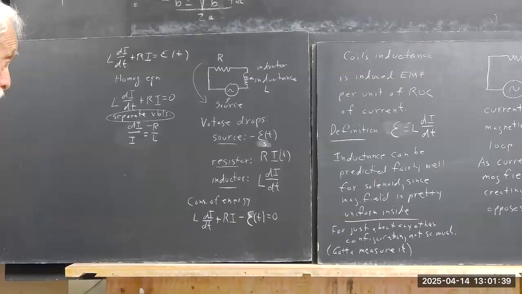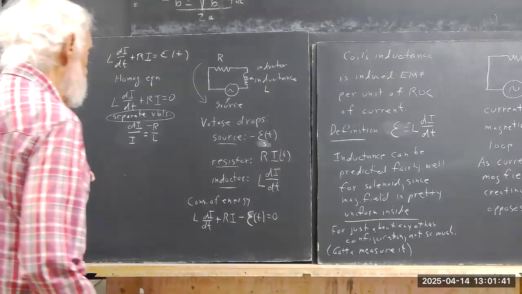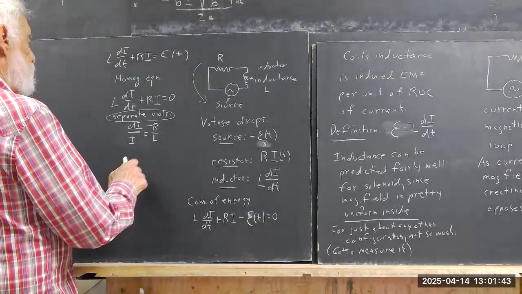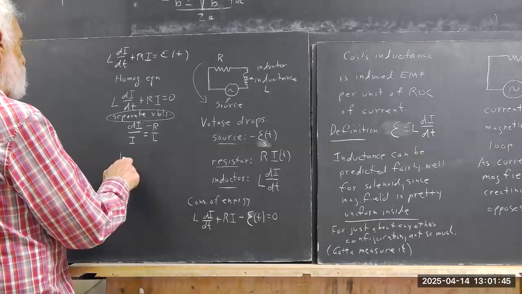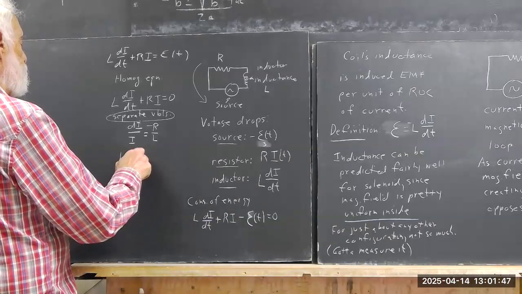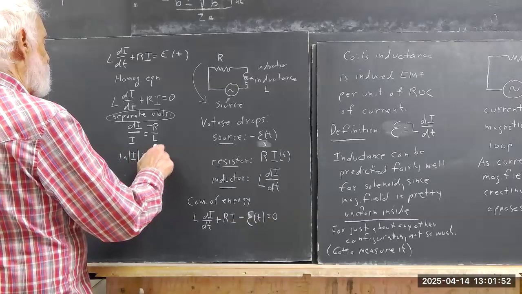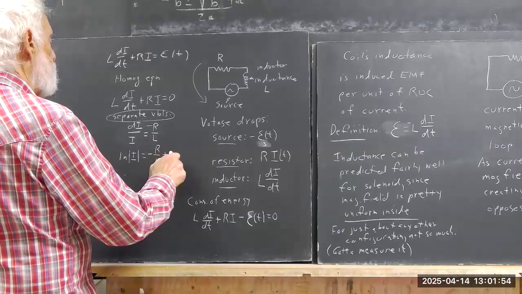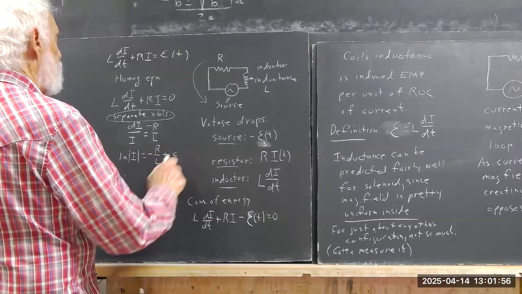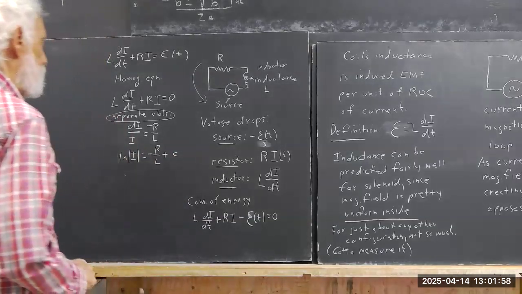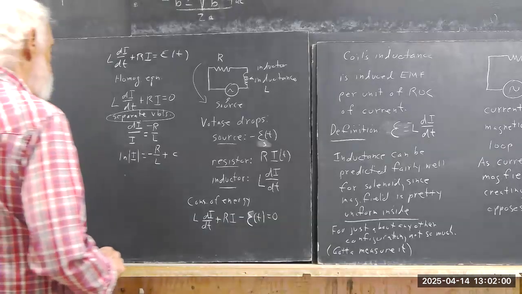You certainly did it. And differential equations, of course, you get the natural log of the absolute value of I equals negative R over L t plus an integration constant.